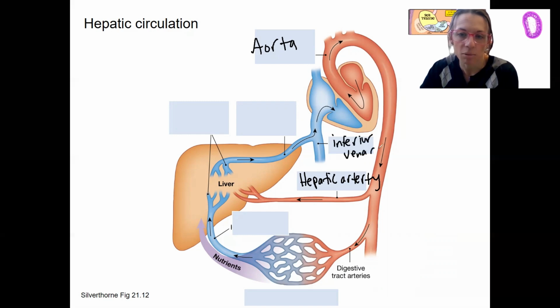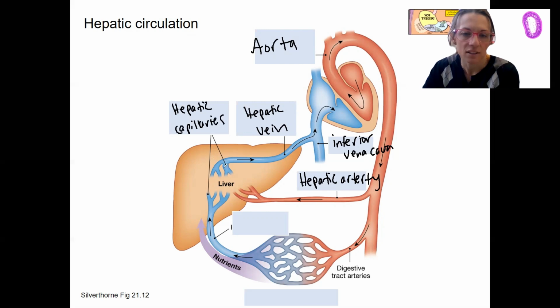Inferior vena cava, coming from the lower half of the body, is going to be deoxygenated blood. So then what does that mean this thing is here? This has got to be our hepatic what? Vein, right? These are the capillaries that allow for exchange at the liver.